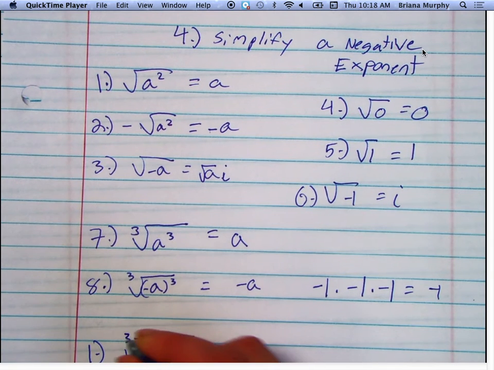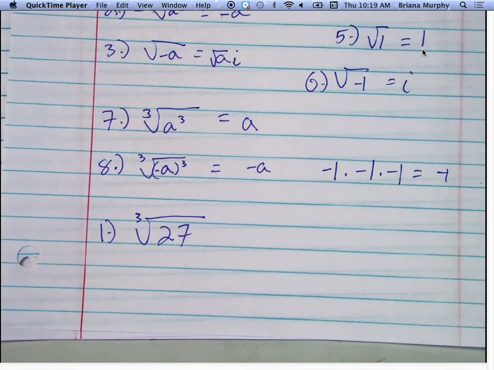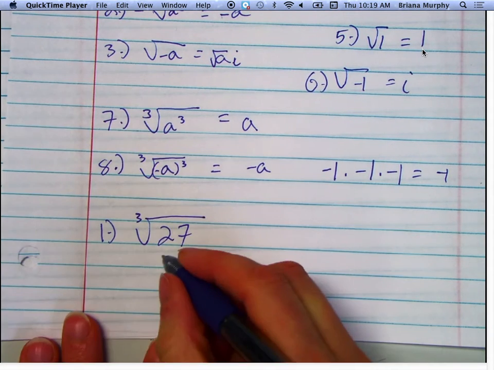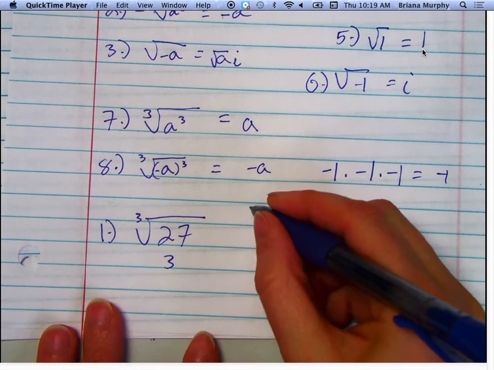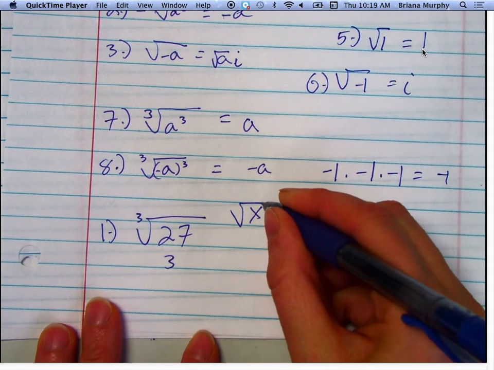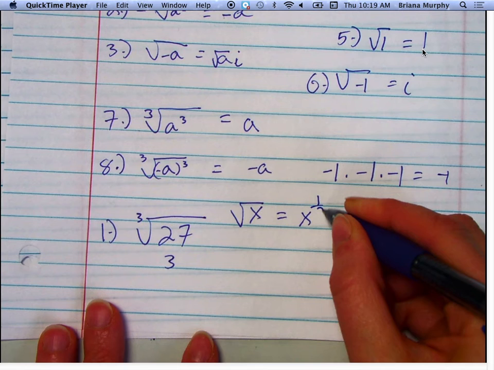What is the cubed root of 27? What times what times what gives me 27? 3. Okay, how would I put a cubed root in exponent form? If I had x squared rooted, that's the same thing as x to the 1/2.